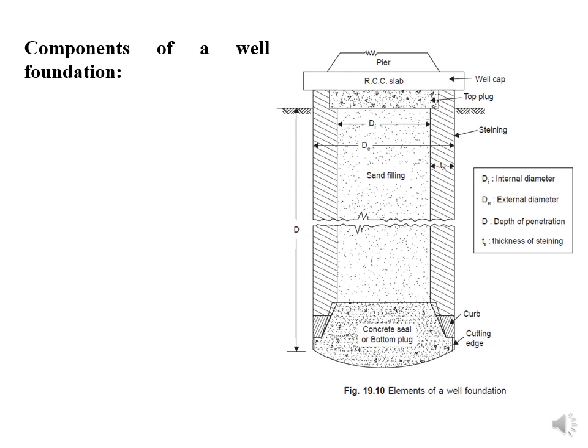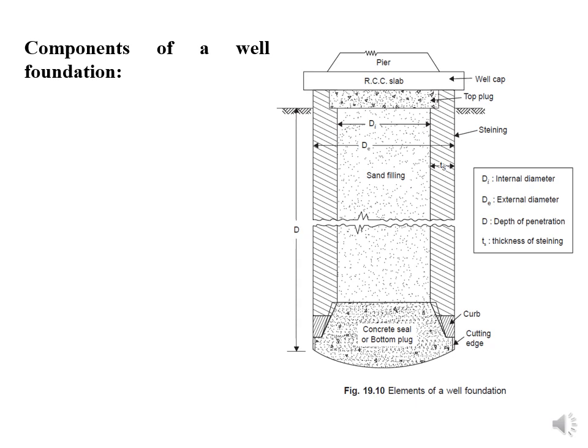You have to understand this figure, which is very important, and the components are normally asked in your examination. You may be asked, what do you mean by steining? Steining is nothing but the wall of the well foundation. The wall of the well foundation is called a steining.